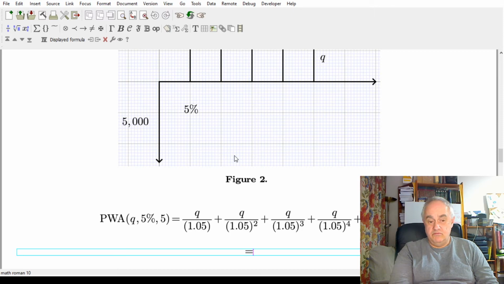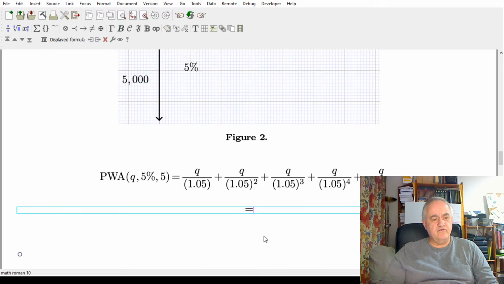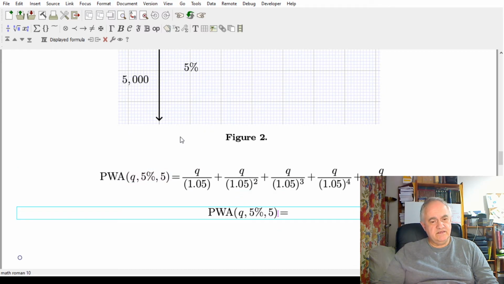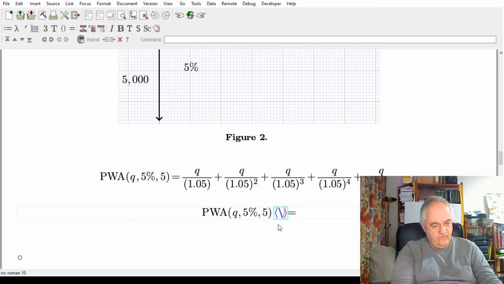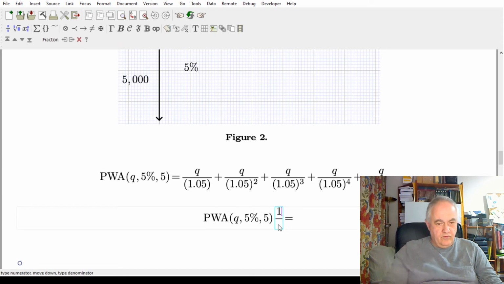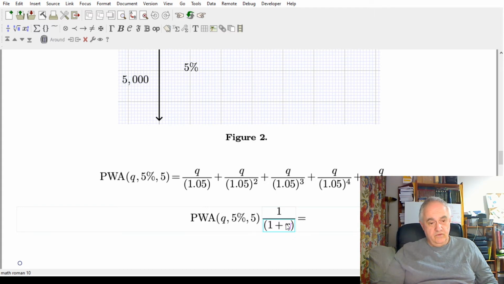We should remember that I will just copy this, and I will multiply all the series by this expression, so 1 over 1 plus r. So 1.05 in our case.